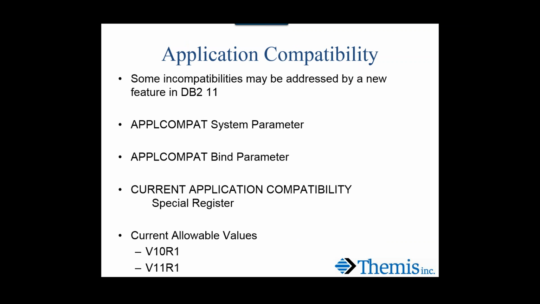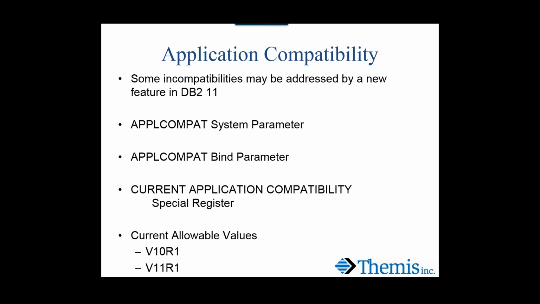All right, and kind of a companion feature to this is this new application compatibility thing. Access path stability deals with allowing access paths to change. That's a performance kind of thing. Application compatibility deals with, are we going to allow the behavior of the SQL to change? In other words, what it returns.